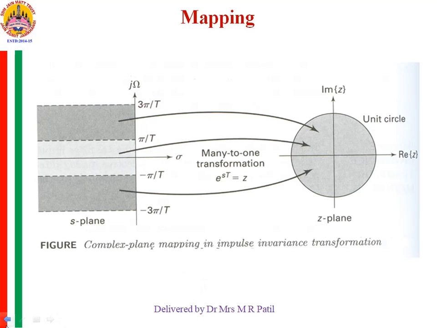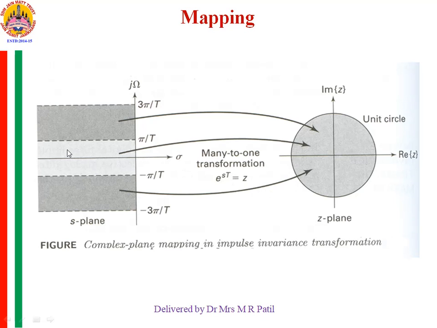Just observe this. There are two semi-infinite terms. This is one semi-infinite term. Why am I saying semi-infinite? I am considering only the left half of the S plane. It is from minus pi by T to plus pi by T. And if you take the points from minus 3 pi by T to plus 3 pi by T, all these points lie inside the unit circle.